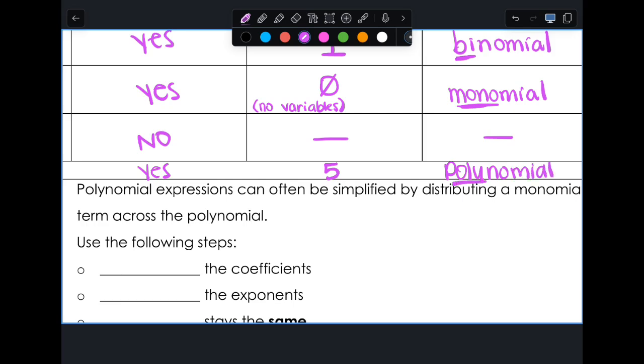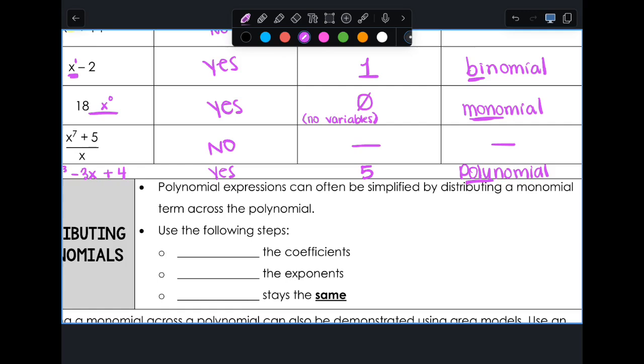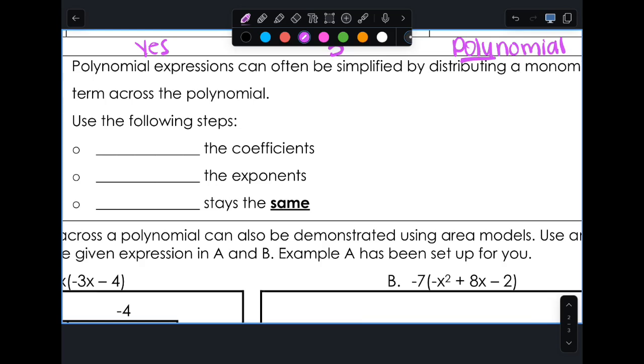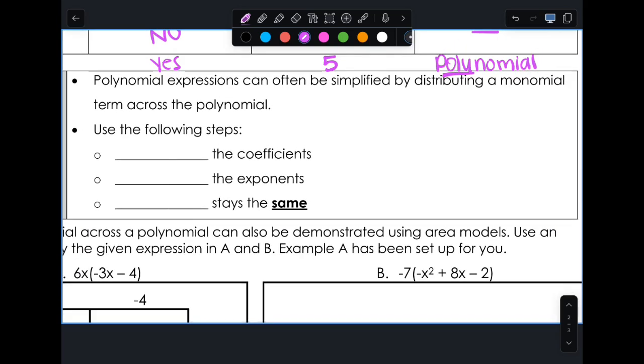All right. For the hard part of the lesson, distributing. And it's really not that bad, honestly. Distributing. Polynomials can often be simplified by distributing a monomial across the polynomial. Use the following steps. So let's say, for example, we're going to multiply 2x times 3x plus 5.